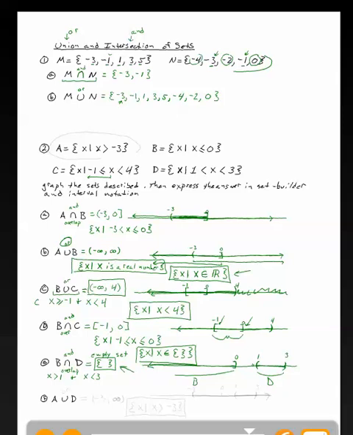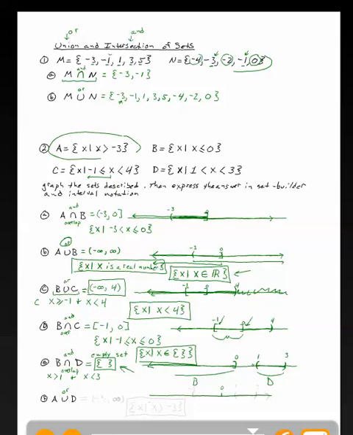Alright, last one. A union D. So remember, union means or, which means it only has to be in one set or the other. Draw my line here. Now the first set is A. So if we go back to A, right here, it says x is greater than -3.